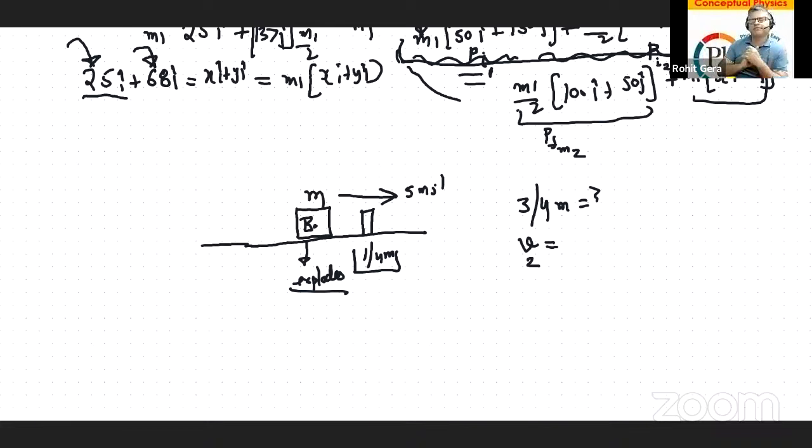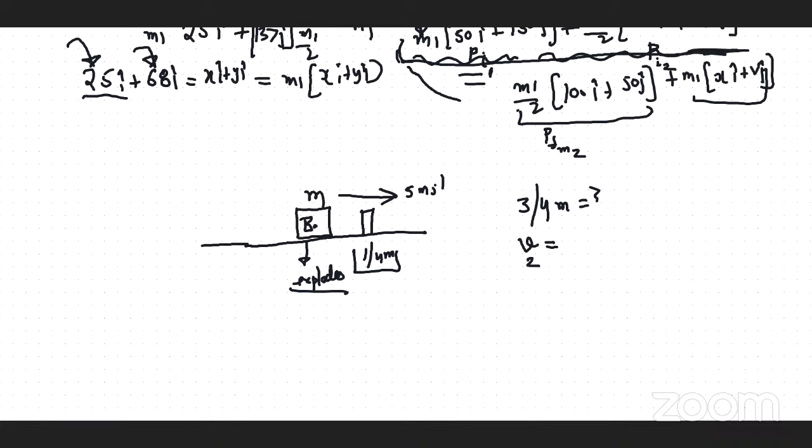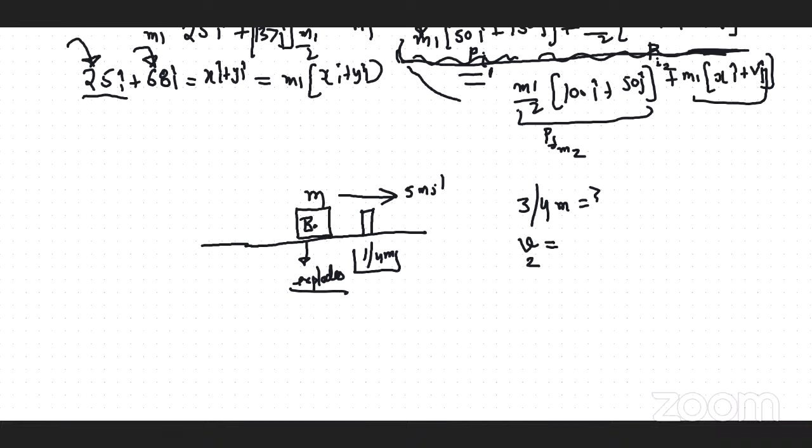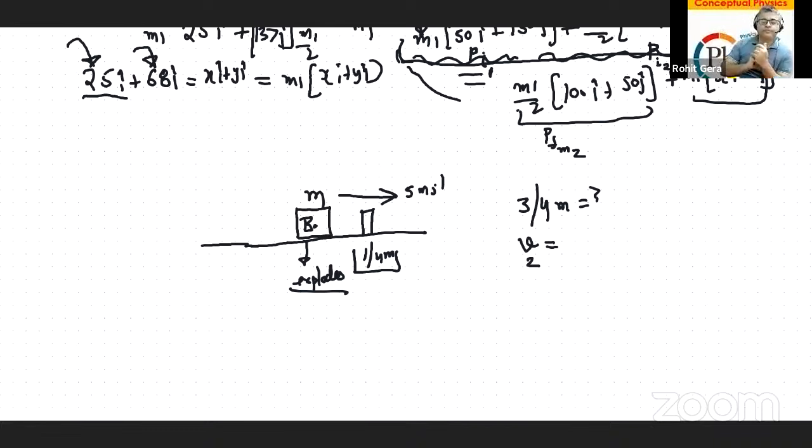If one part is 1/4, the other will be 3/4, by the law of conservation of mass. How many pieces? Two, that's all. The bomb was lying stationary on the ground and it exploded, and you saw one part going, and you have to calculate what happens to the second part, which is 3/4 m.